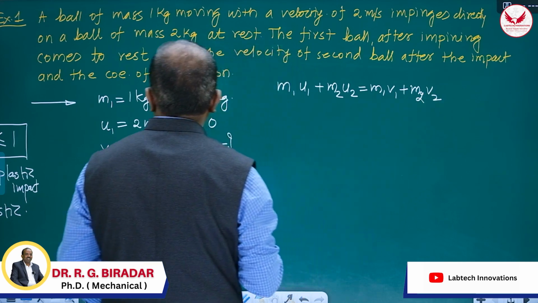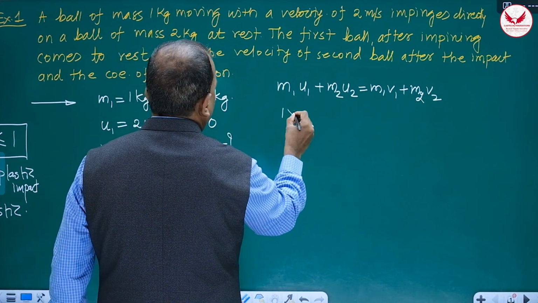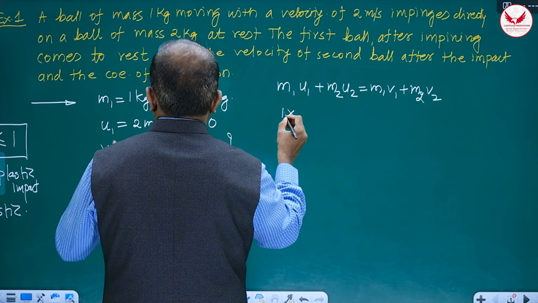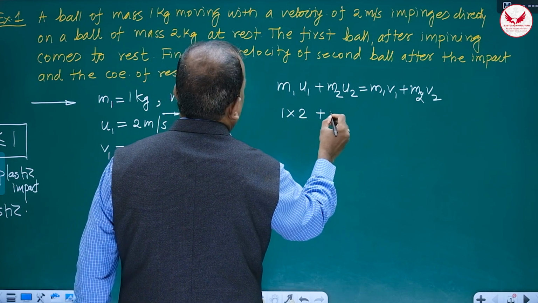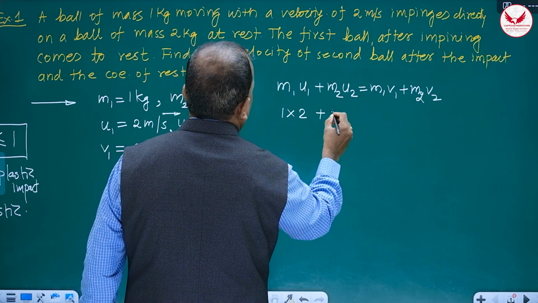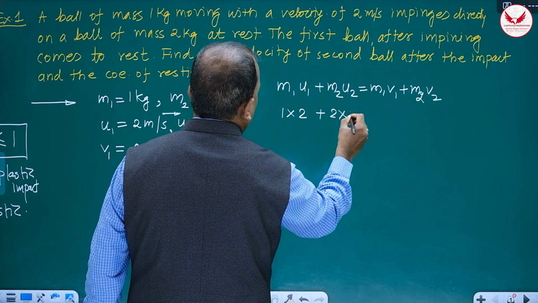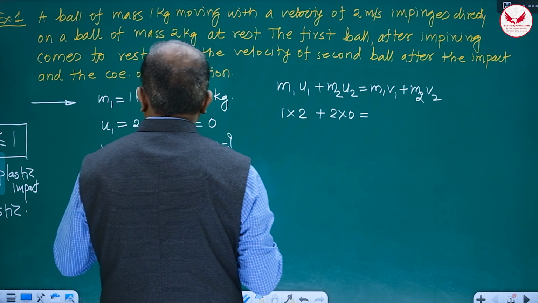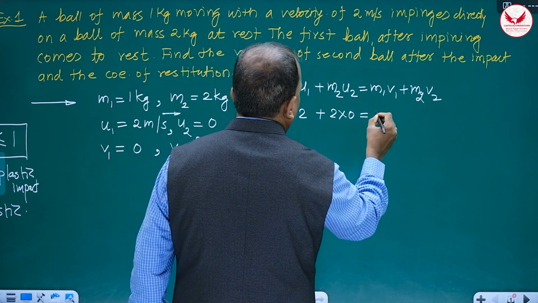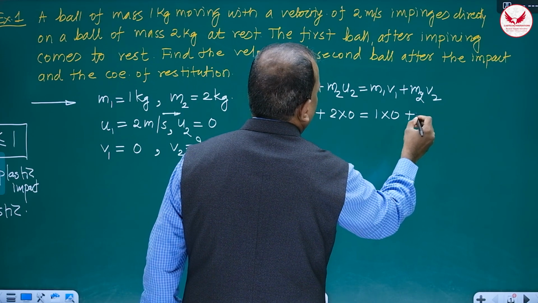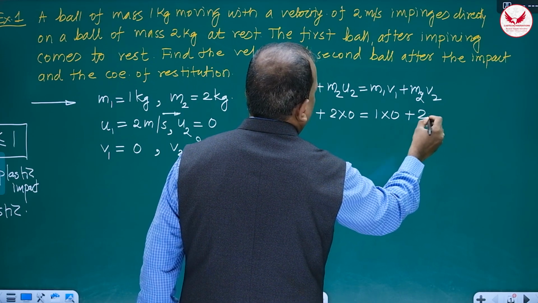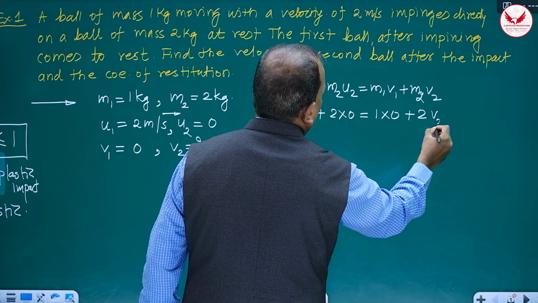Now put these values. M1 is 1, U1 is 2 towards right, plus M2 2 kg and U2 is 0. It is equal to M1 1 kg and V1 is 0, plus M2 2 kg into V2.